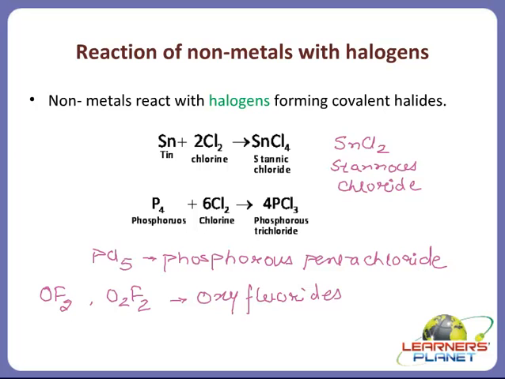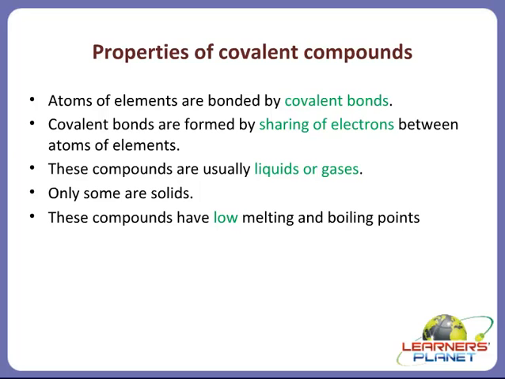Now let's check out the properties of compounds formed by both non-metals and metals. What type of compounds are formed by non-metals? They are covalent as well as ionic, right?